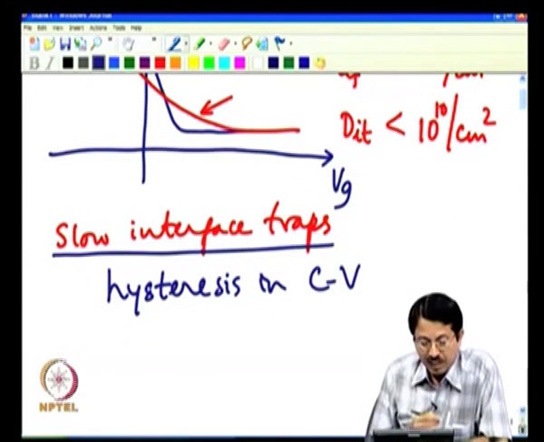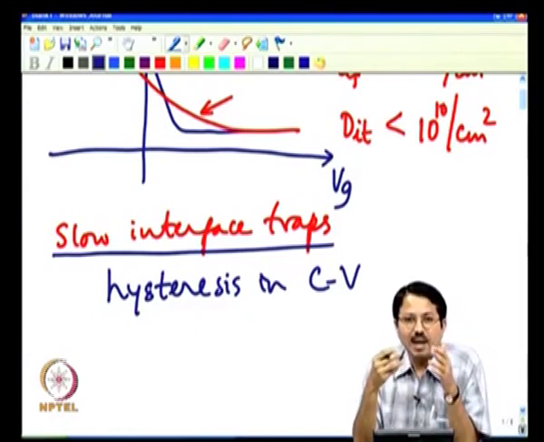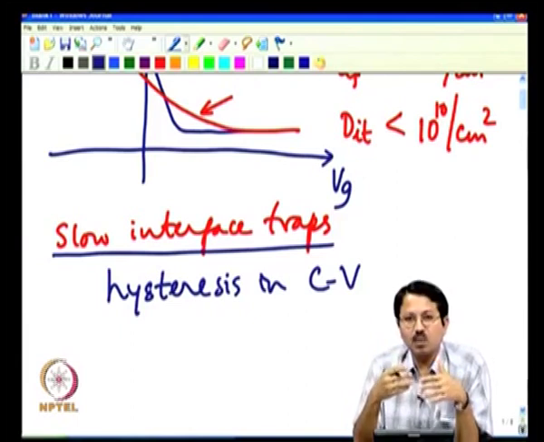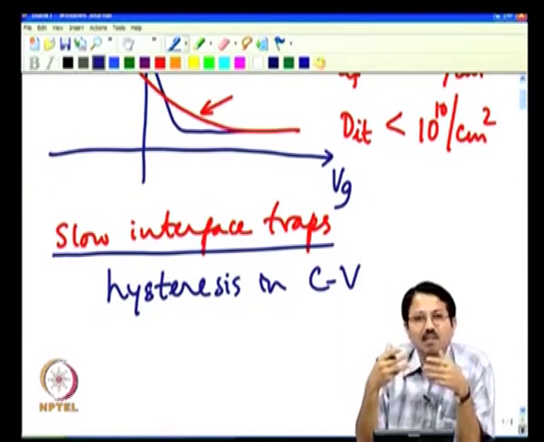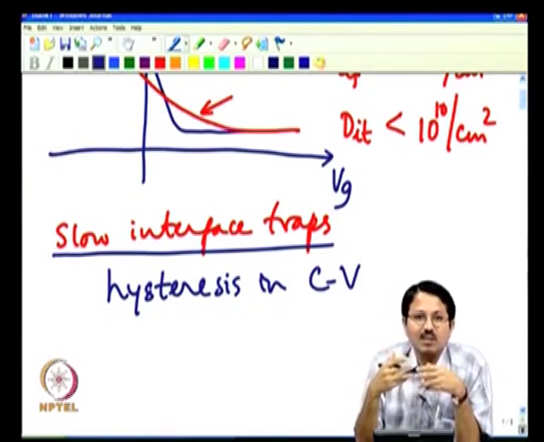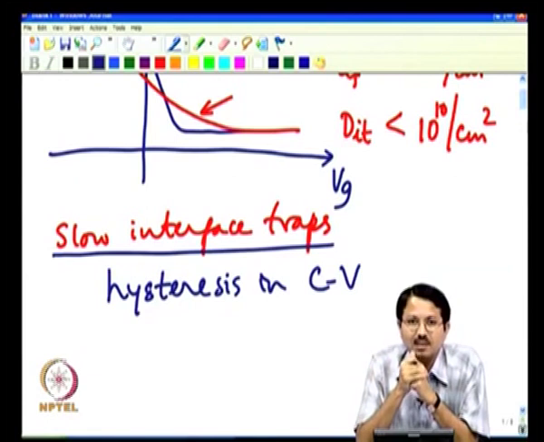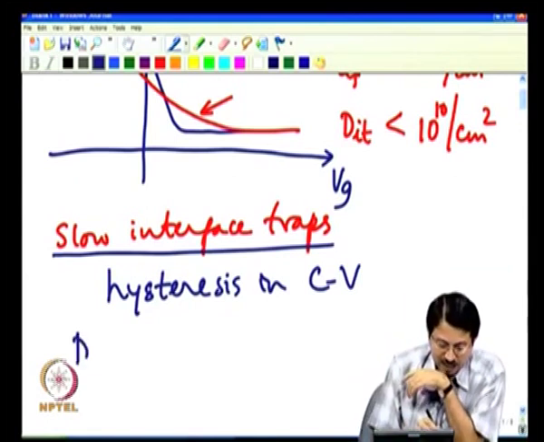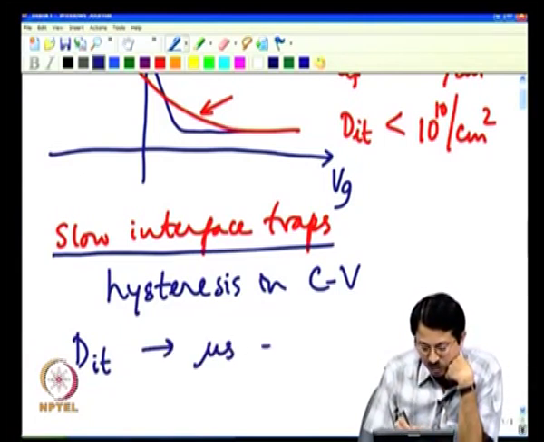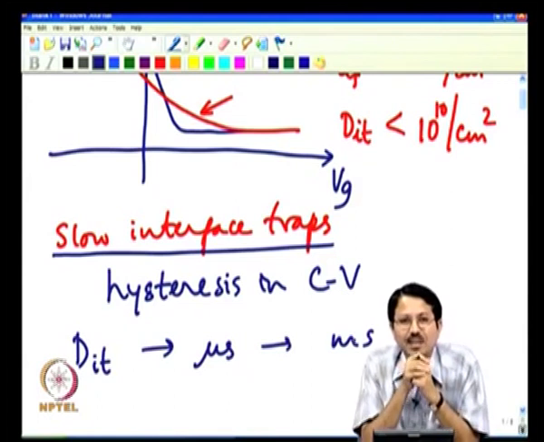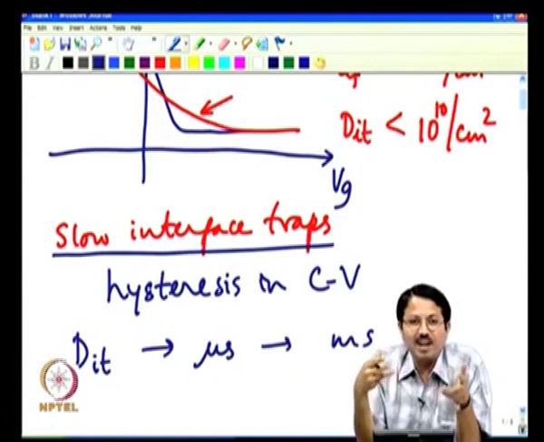Now, when I say slow, I need to qualify that statement. When I talk of interface traps, I told you that they do respond to the signal applied to the gate if it is slow varying. That is because they have certain time constants to interact with the channel charge, so that they can exchange charge. Typically, the interface traps that we have have time constants anywhere from microsecond to millisecond, maybe a few tenths of a millisecond, and that is why we call them fairly fast.